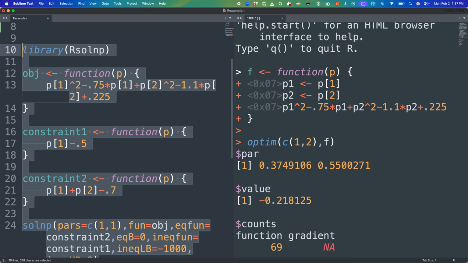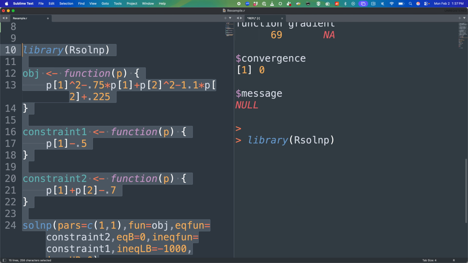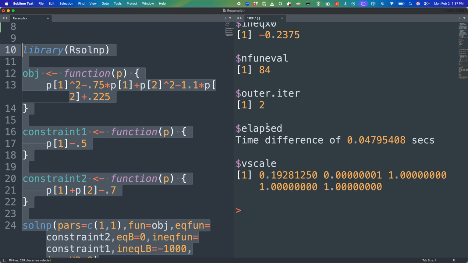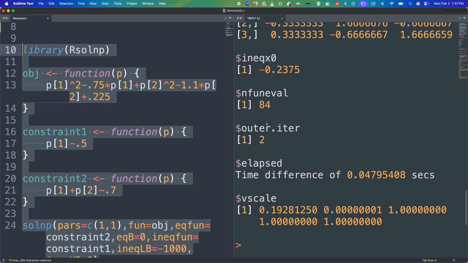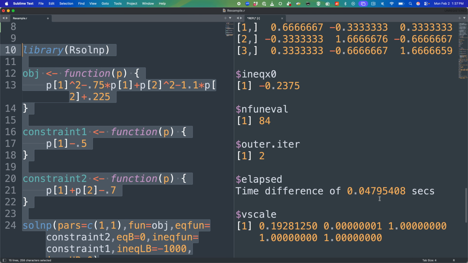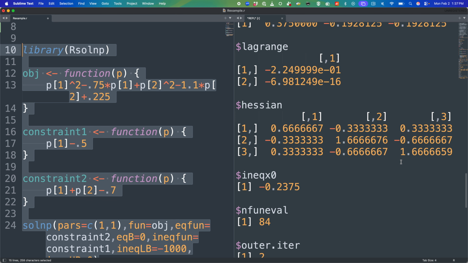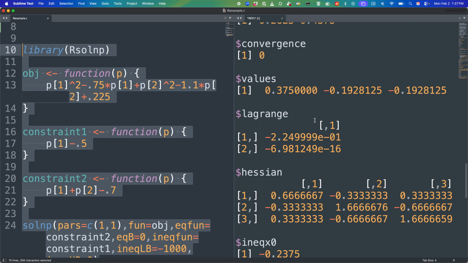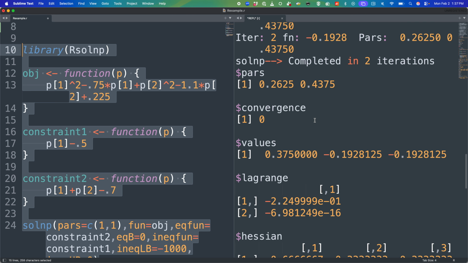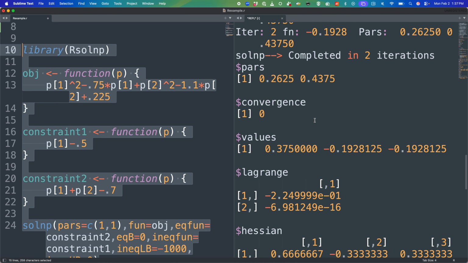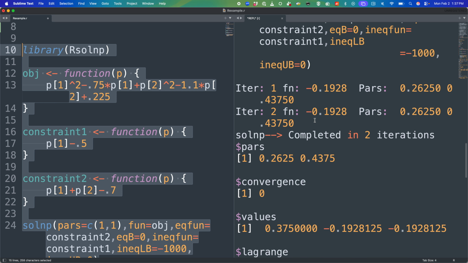And if I run this whole thing, it gives you a whole bunch of stuff, like how long it took to run. It gives you the Hessian, which is not a concept I want to get into, but it is generally an important thing to think about with optimizations.